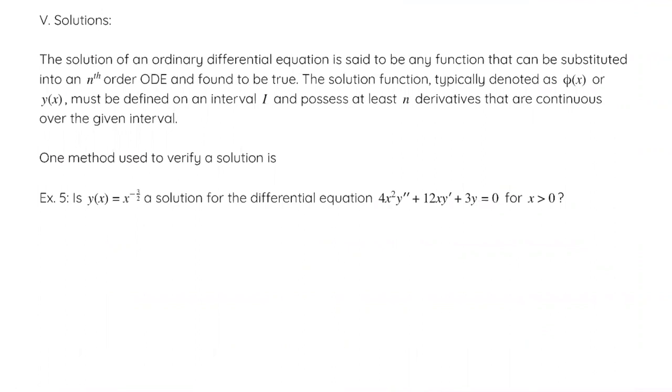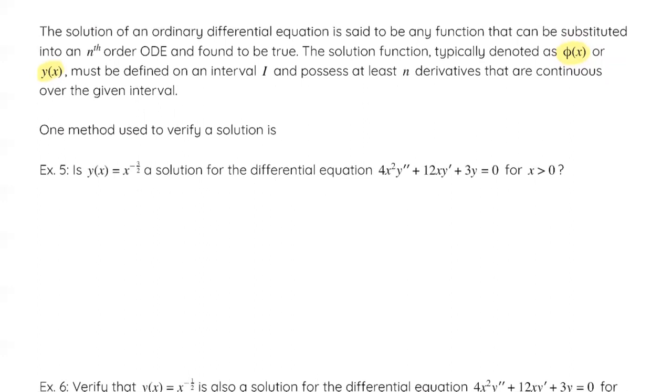As far as notation goes, some textbooks use y of x, and some of them use phi of x. All right, so it just kind of depends on the text or on the questions. Our textbook uses y of x a lot, but as you move into upper level classes, you might replace that with a phi of x, but it's the same thing. It's just your solution function, okay?